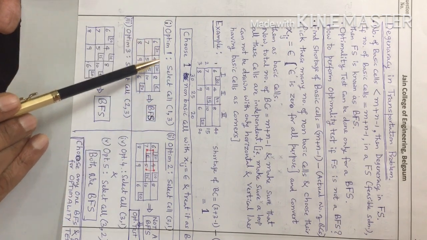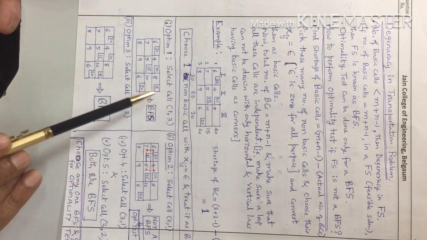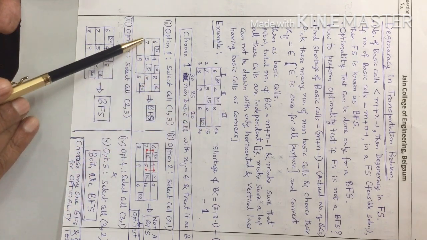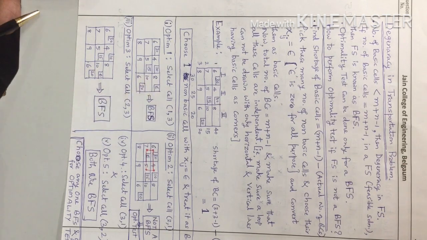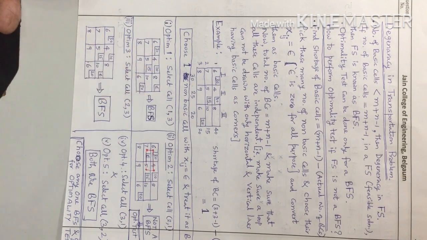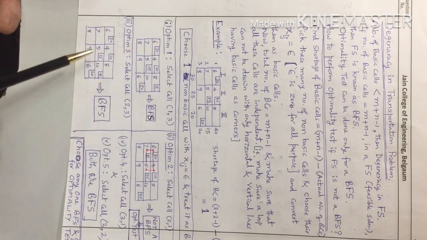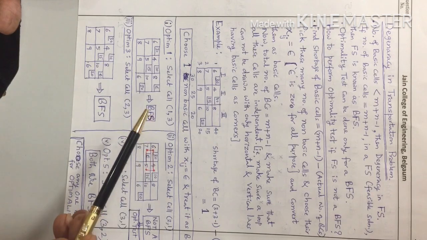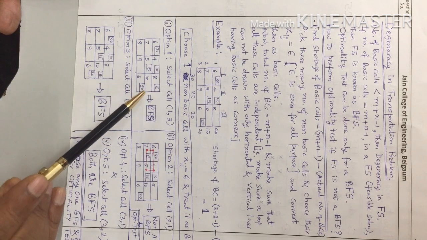So in option number 1, I shall choose 1,3 as a non-basic cell, and I want to convert it into a basic cell with xij equal to epsilon. The same solution I have written here. You can see that in this cell 1,3 I have epsilon. Now the total number of basic cells is 1, 2, 3, 4, 5, and that's what I require, and therefore it is a basic feasible solution. I check whether I can draw a loop such that the corners of the loop are basic cells.